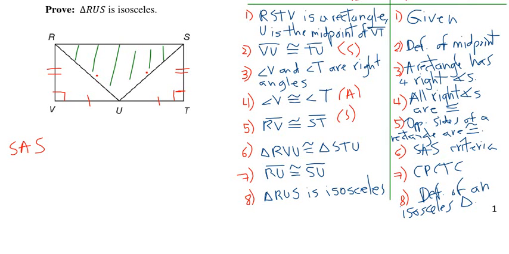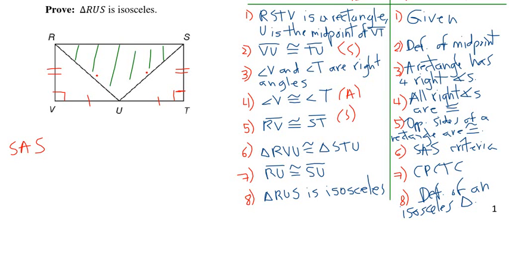So in this case, we have used the fact that a rectangle has right angles. That's one of the properties that we use. We also use this other property of rectangle, the fact that opposite sides are congruent. So that's how we use properties of parallelograms in writing the proofs.